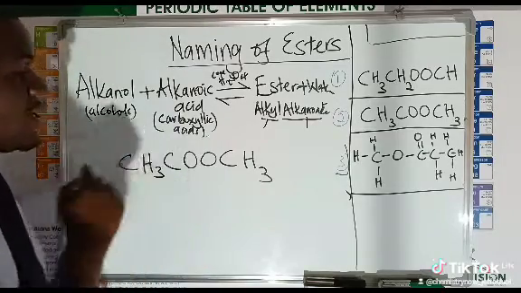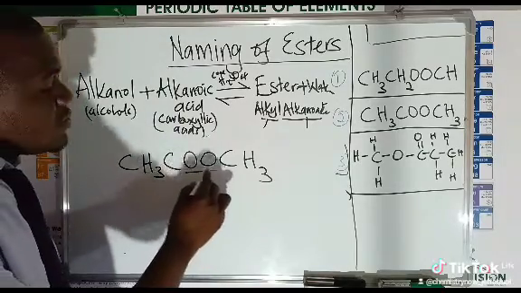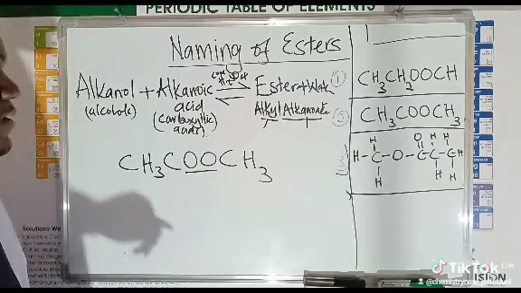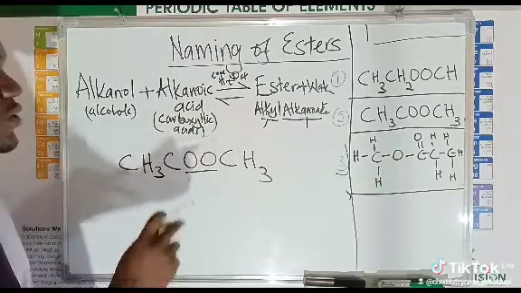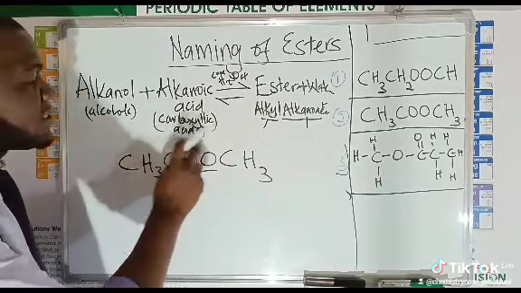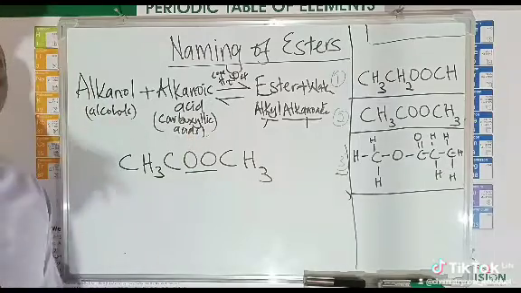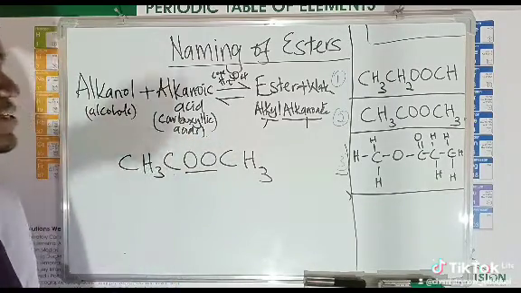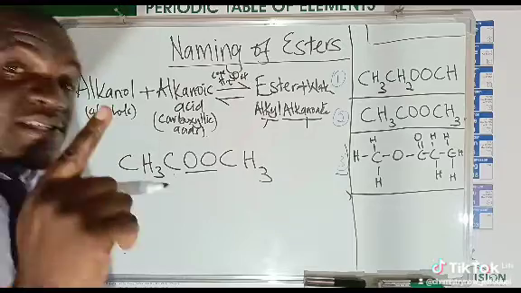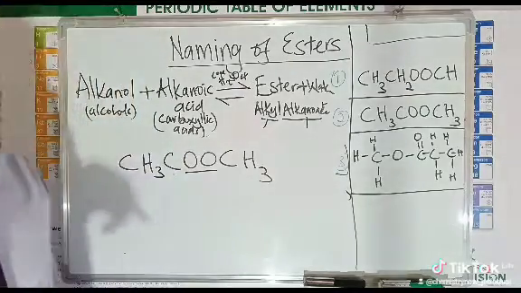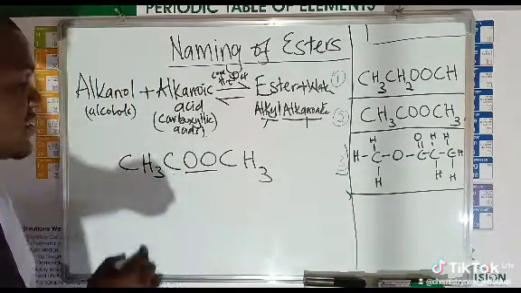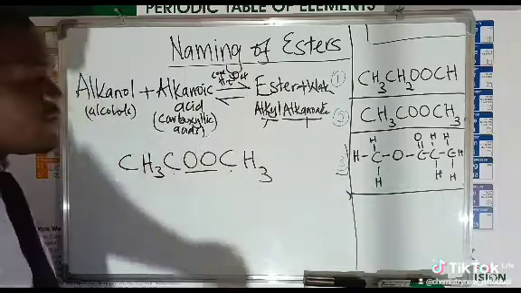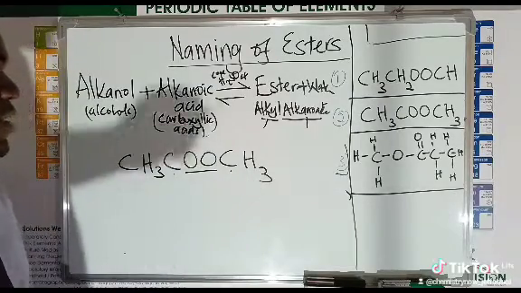Again, you look at the two oxygen atoms in that ester, then you take your consideration to the two carbon atoms that are neighboring the oxygen atoms. It is this one and this one. Then I say that the carbon atom with the least number of hydrogen atoms is from the alkanoic acid, and the one with the most is from the alcohol.